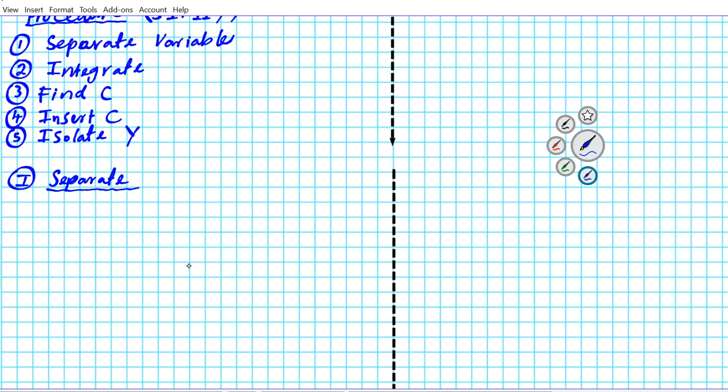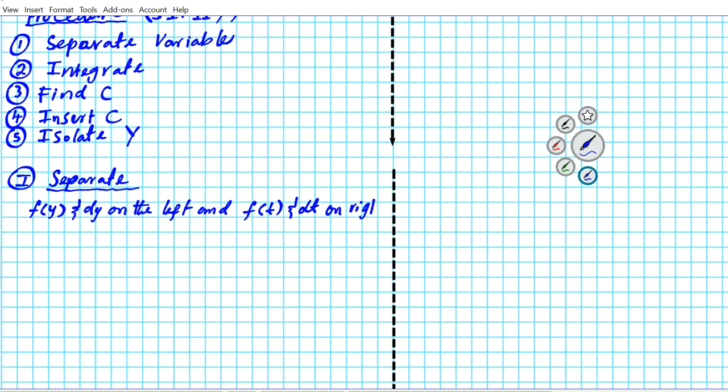We have f of y and f of t, okay? So we're going to have f of y and the y on the left, and f of t and the t on the right.